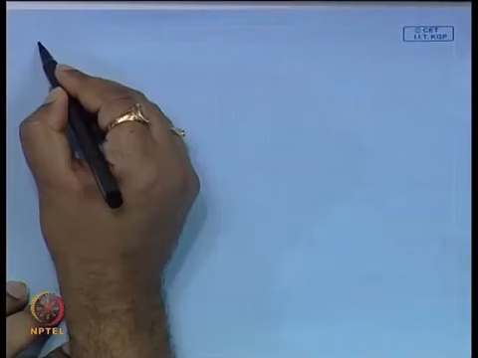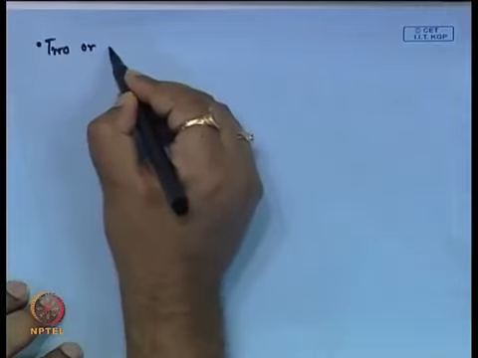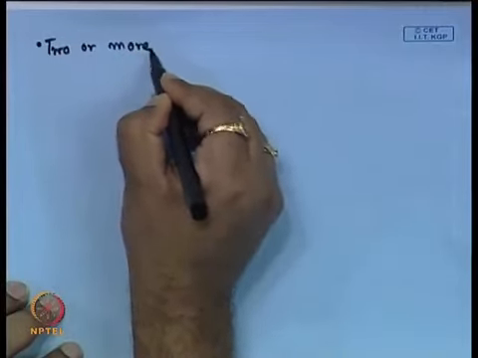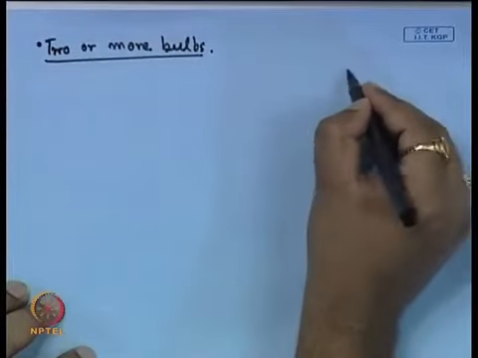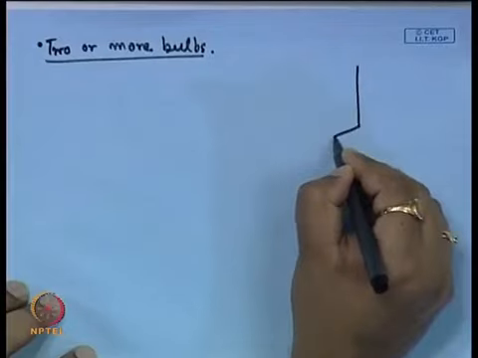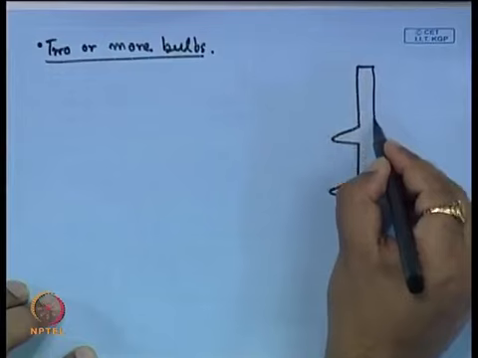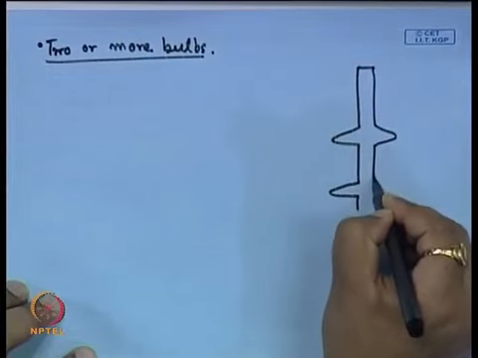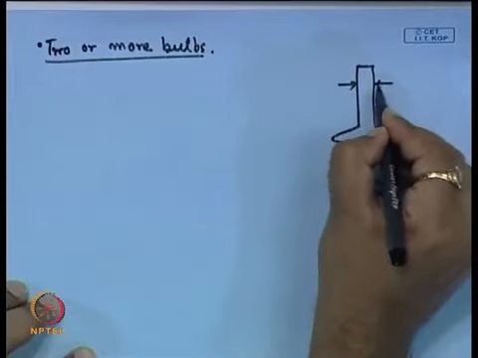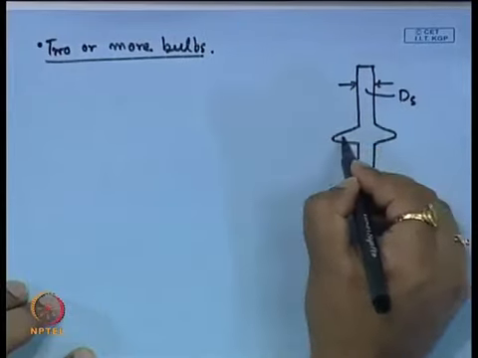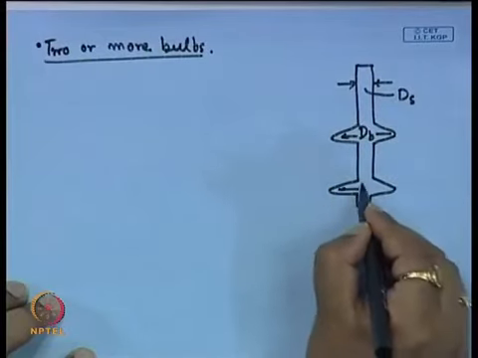So, next one is the double bulb or the 2 or more bulbs. In this case, suppose this is one bulb, this is another bulb, again this is the diameter of the shaft ds, and if we consider the same bulb diameter for the 2 bulbs, this will be dB.